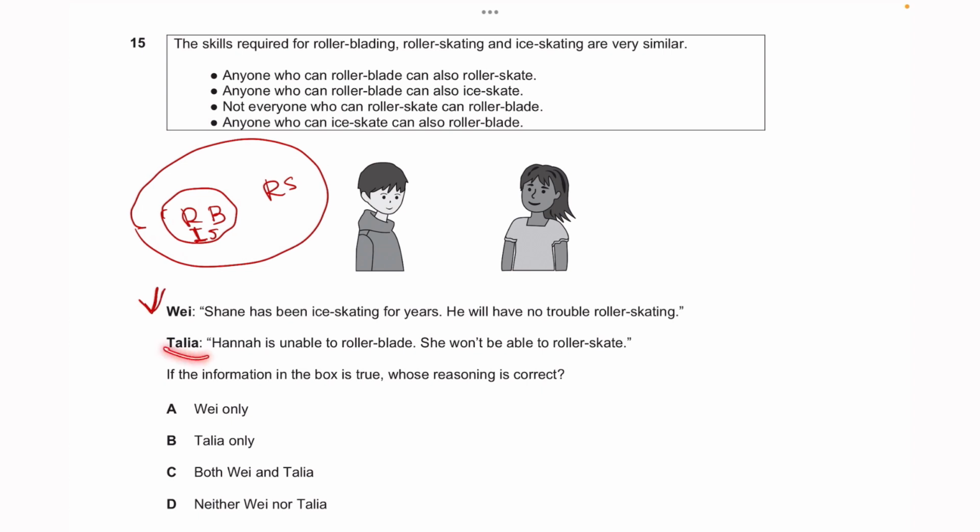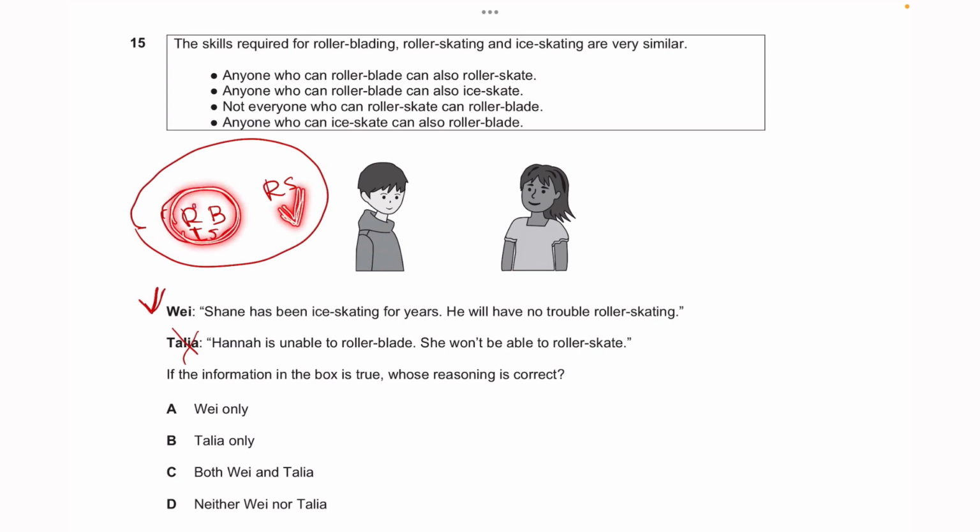Now, if we have a look at Talia's reasoning, it says Hannah is unable to rollerblade. She won't be able to roller skate. So if she can't rollerblade, that doesn't mean she can't roller skate, because anyone who can rollerblade can also roller skate. Her reasoning, she won't be able to roller skate, is incorrect because what if she can actually roller skate within here?